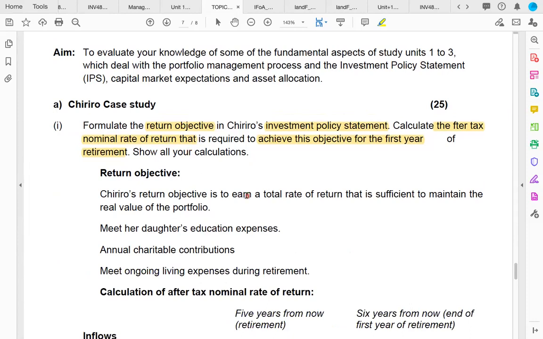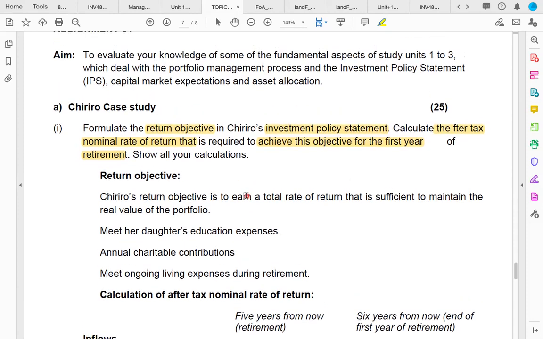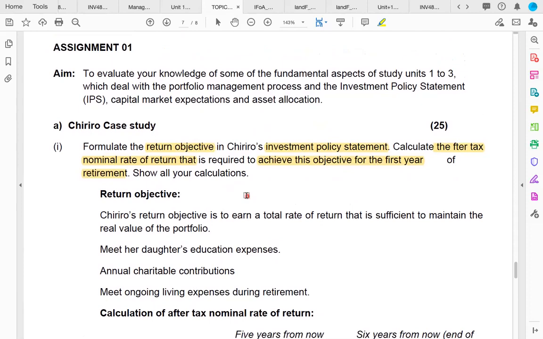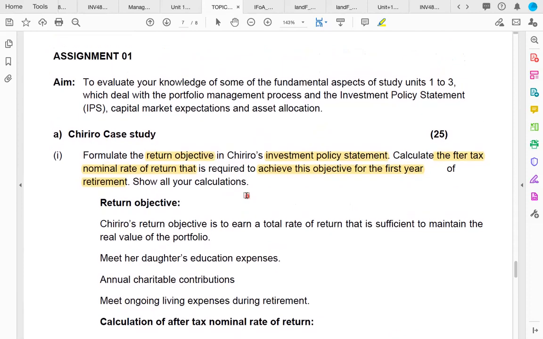Then we combine what she desires and what she requires to get the return objective. We also have to factor in risk, and how we are going to measure that return. Are we going to use nominal rates, after-tax rates, or before-tax rates?